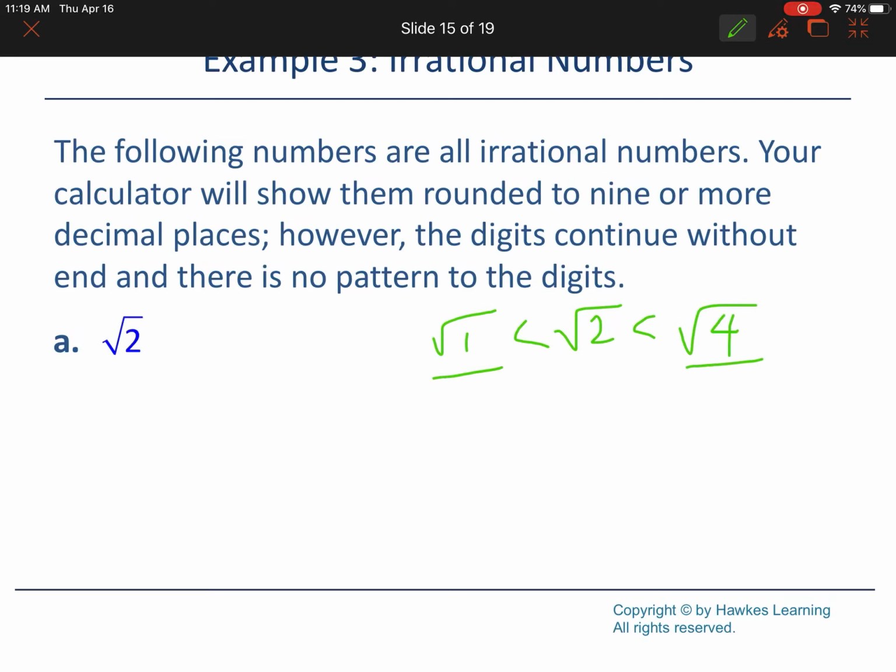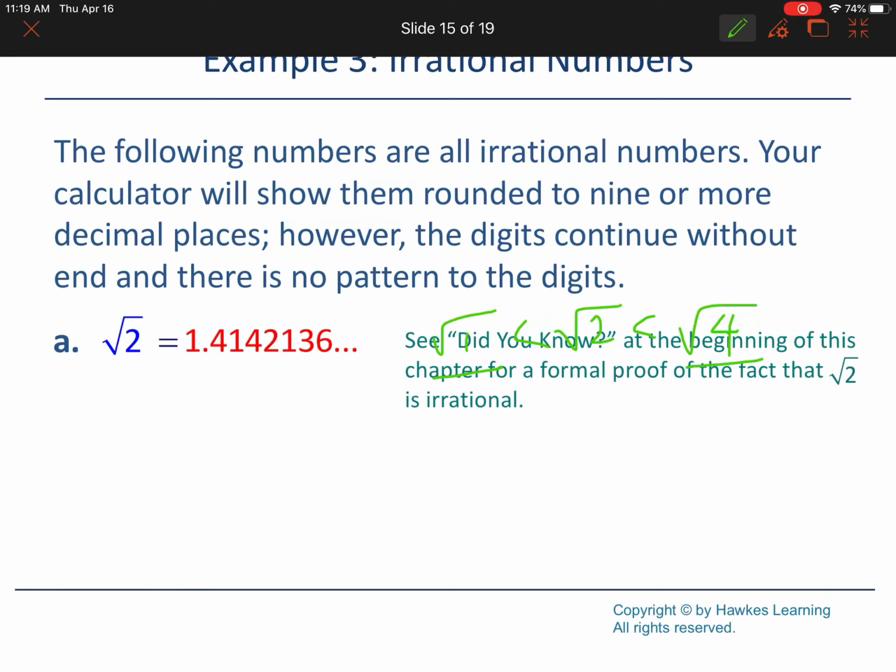So when you plug it into a calculator, and we'll talk about that in a minute, you get this number. But now your calculator will show it ending at the end of your calculator screen. So however far your calculator goes, that's how far it's going to take it and round it off.